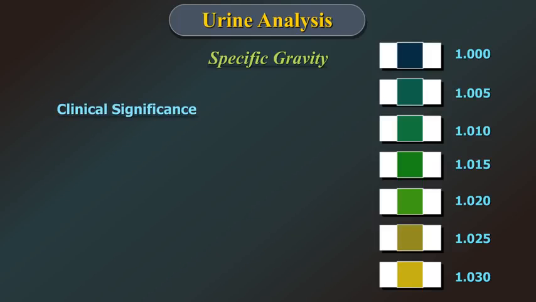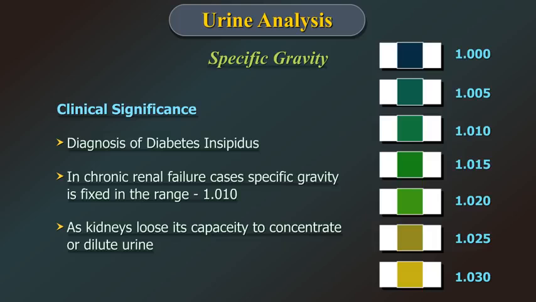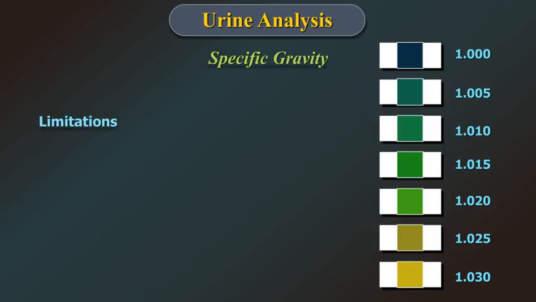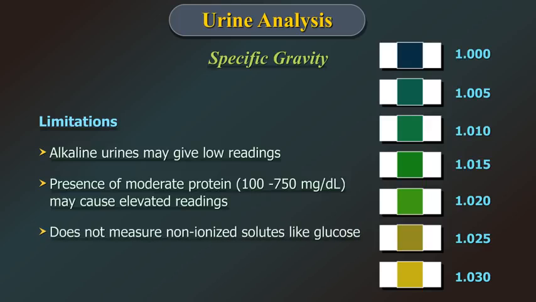The clinical significance is in diagnosis of diabetes insipidus and in chronic renal failure cases where the specific gravity is fixed in the range of 1.010 as the kidney loses its capacity to concentrate or dilute urine. Limitations: presence of moderate protein may cause elevated readings. It does not measure the non-ionized solutes like glucose.